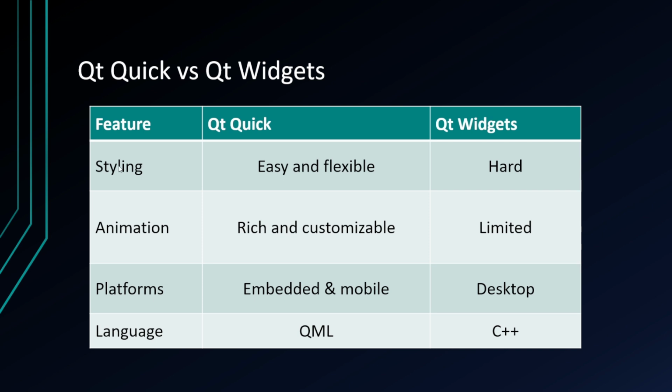Qt Widgets are hard to style, and limited in animation. Platforms: in most scenarios, you'll use it only on desktop. There are probably chances you can use it on embedded or mobile, but rather just on desktop. And the language used is C++.